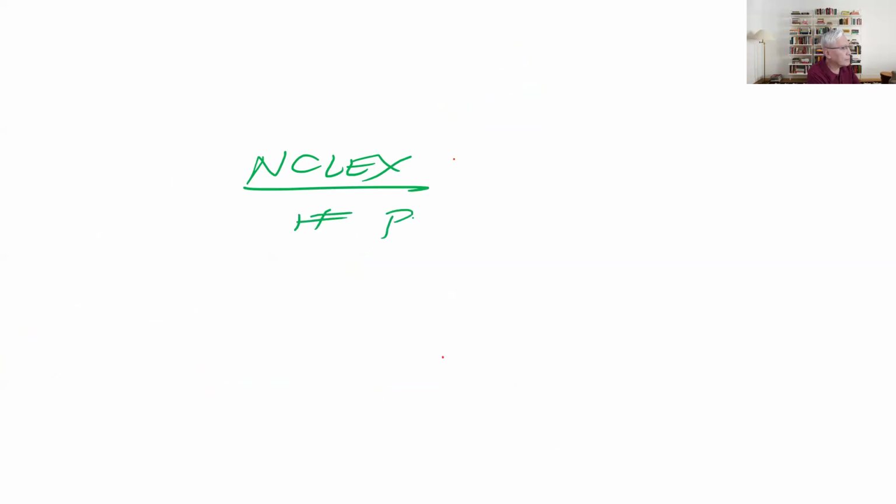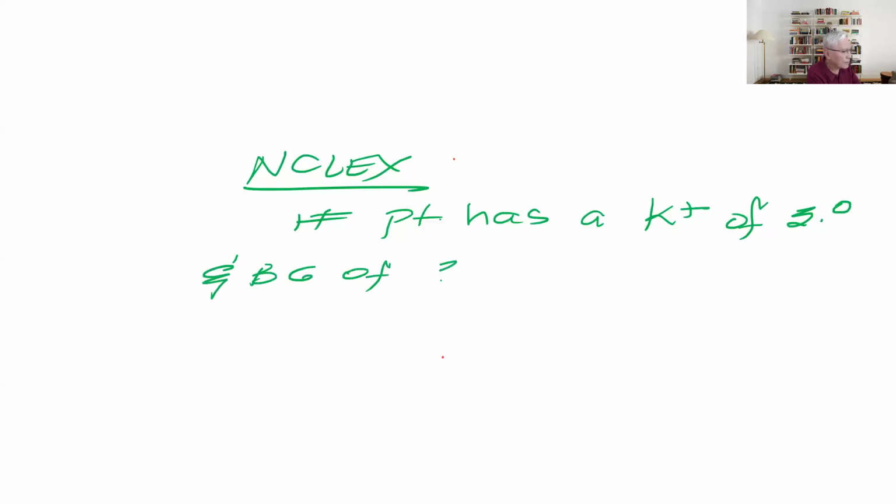If a patient has a potassium of 3.0 and blood glucose of 300, what should be corrected first?